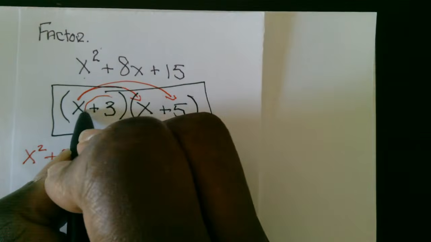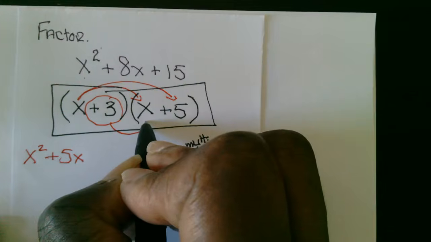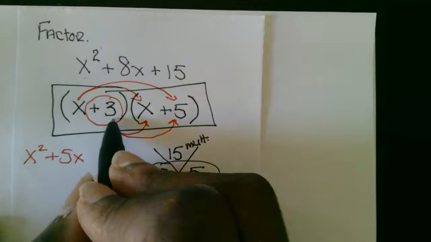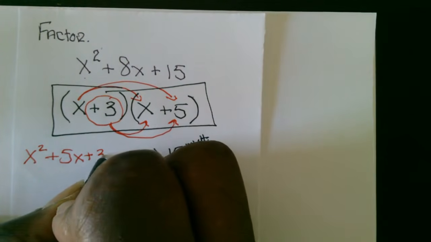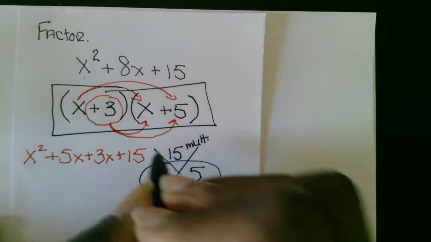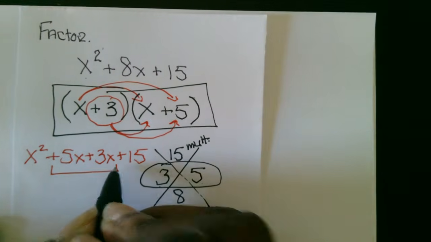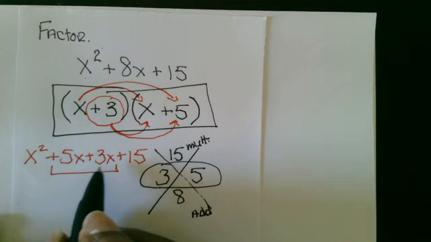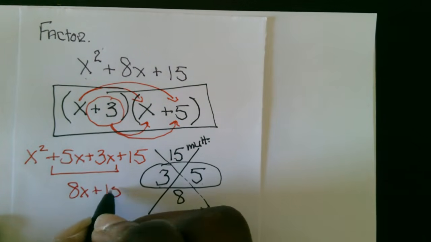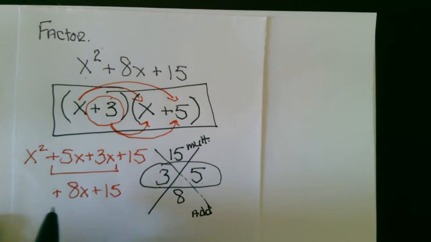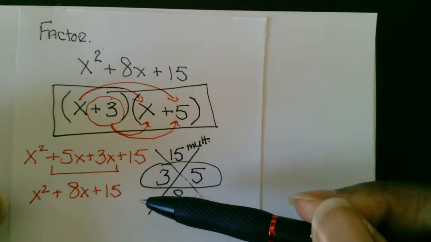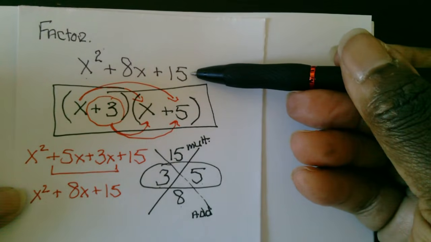Then I take my positive 3 and distribute it to the second parenthesis. 3 times x gives me 3x, plus 3 times 5 gives me 15. Like terms are right here in the center. 5 plus 3 gives me my 8x, plus 15. Since it's a positive 8, you got your plus there. And x squared. Notice these two are exactly the same.